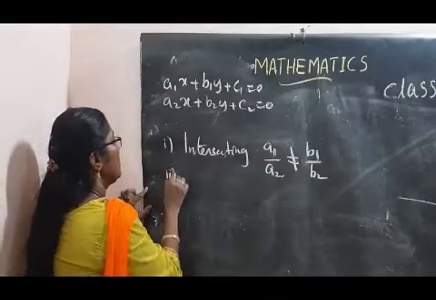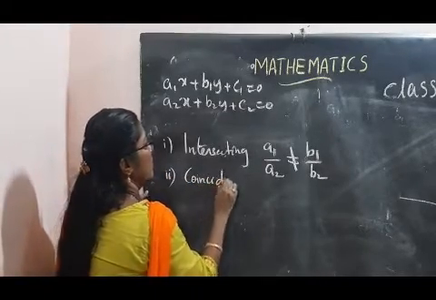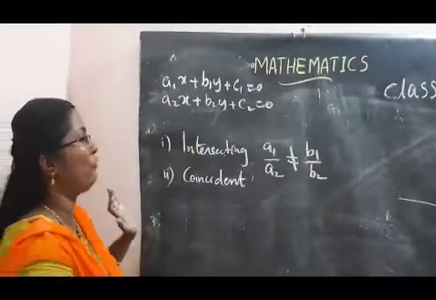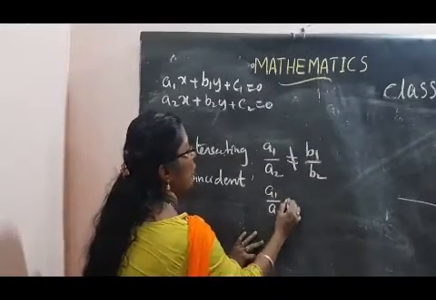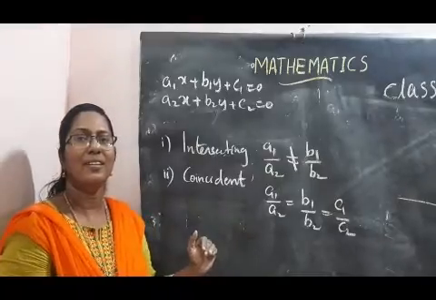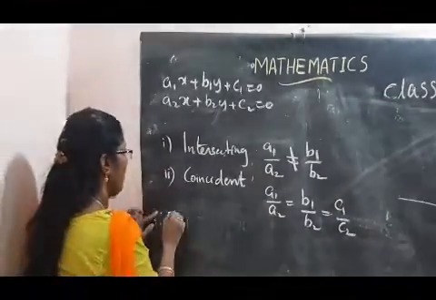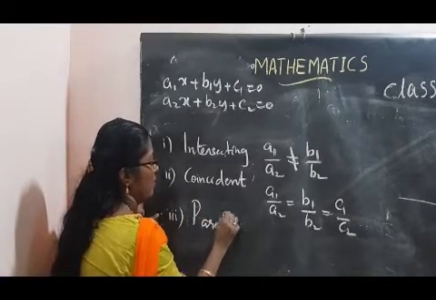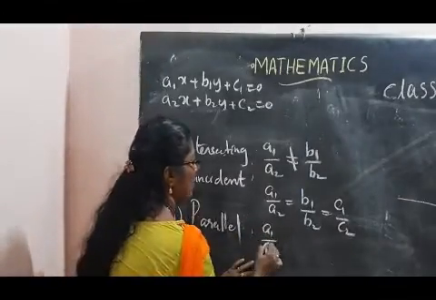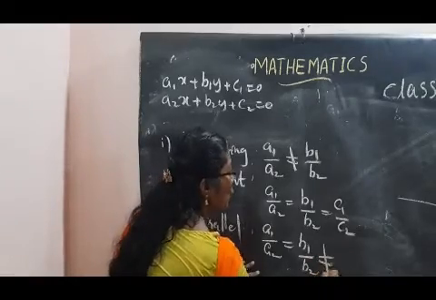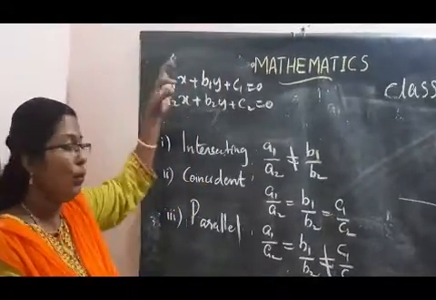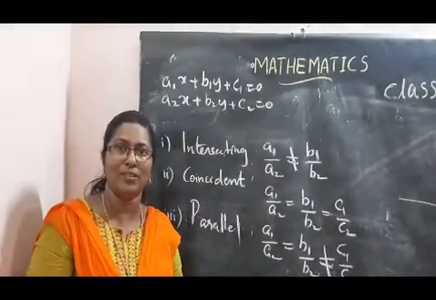Second case, coincident: a1 by a2 equal b1 by b2 equal c1 by c2, infinitely many solutions, consistent. Third, parallel: a1 by a2 equal b1 by b2 not equal c1 by c2. Is it clear?